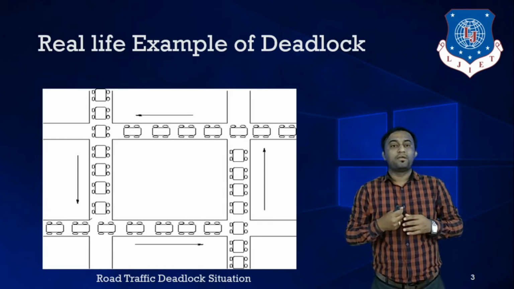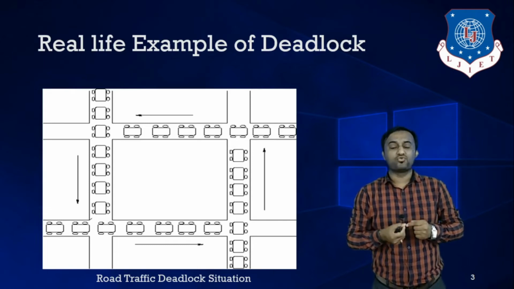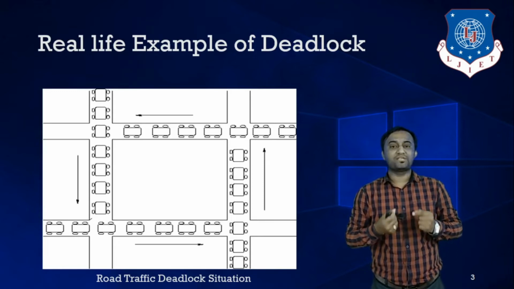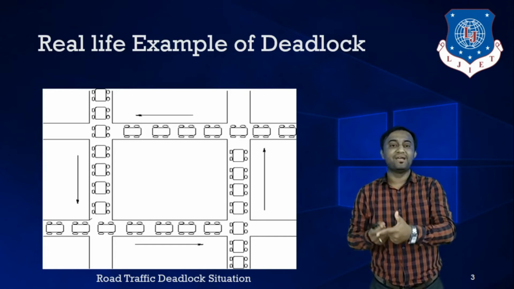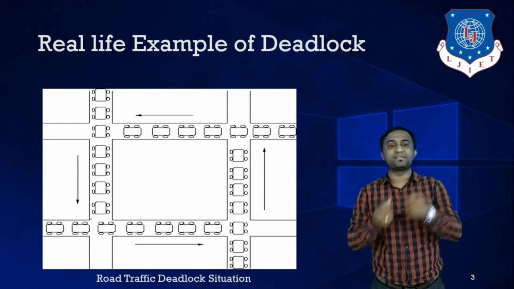So if anyone wants to acquire the soup, it requires both resources, but those resources are not available at that time. Means person A is waiting for person B to release that resource, and same way person B is waiting for person A to release the resource.